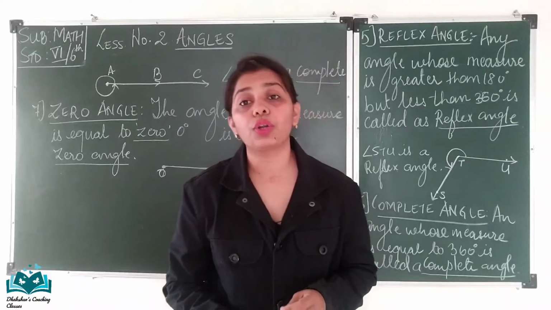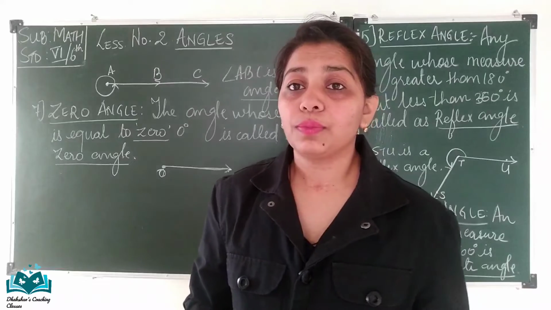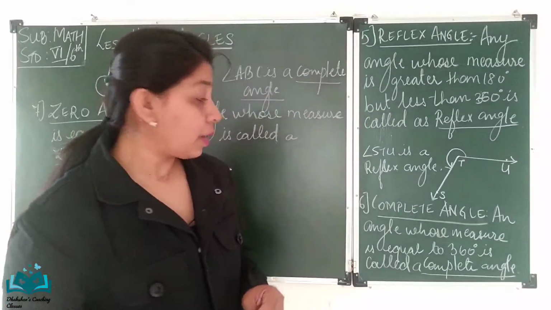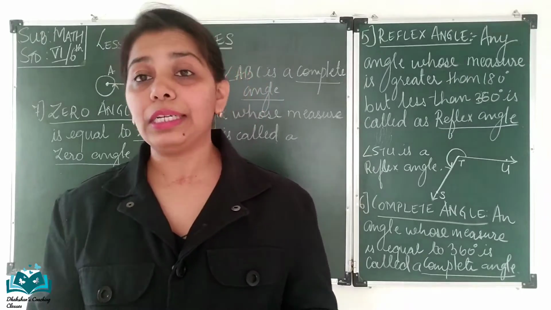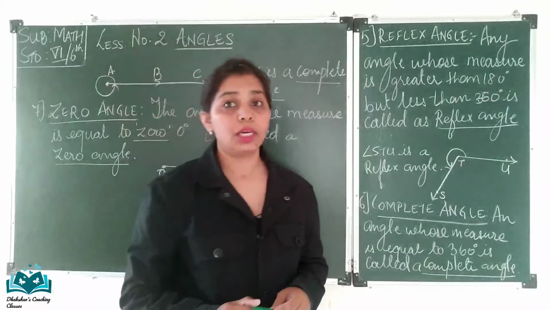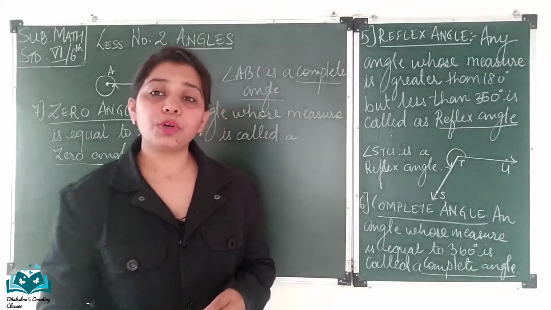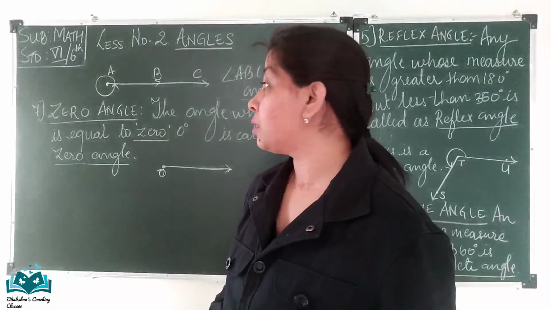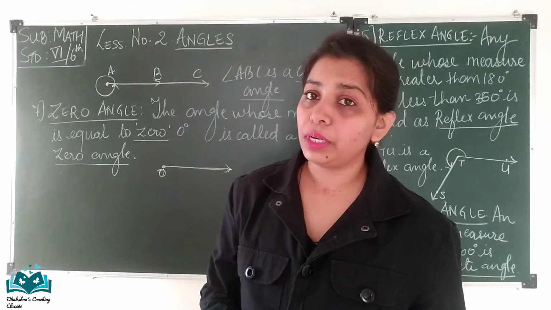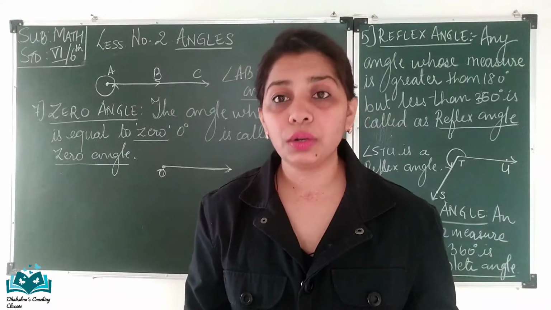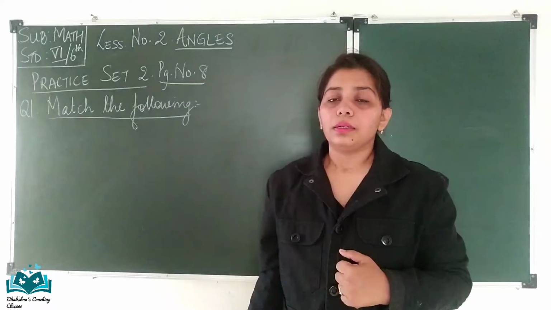Then we moved on further to write down for complete angle. Any angle whose measurement is equal to 360 degree is called as your complete angle. Last but not the least, that is your zero angle. Any angle whose measurement is equal to 0 degree is called as your zero angle.